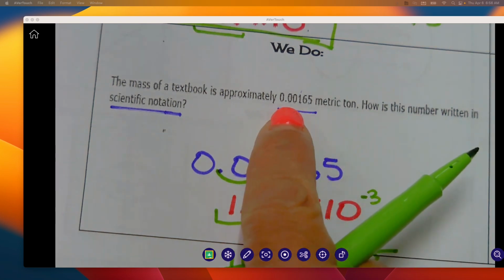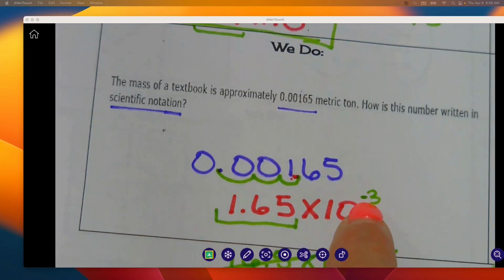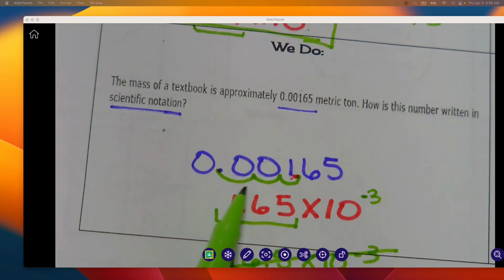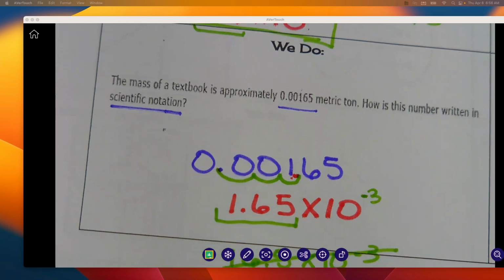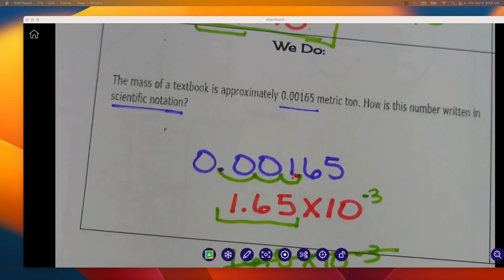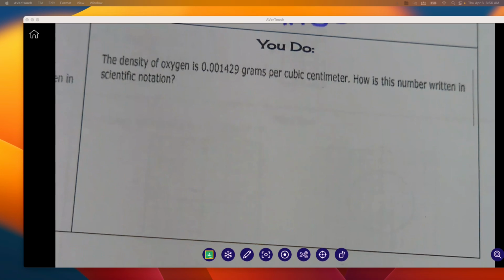Looking at this number here, it is way smaller than 1, so we know it's going to be a negative exponent. And another thing, you've got to make sure that you're counting and moving correctly. So I'm going to pause the video, and now I want you to do the you do.